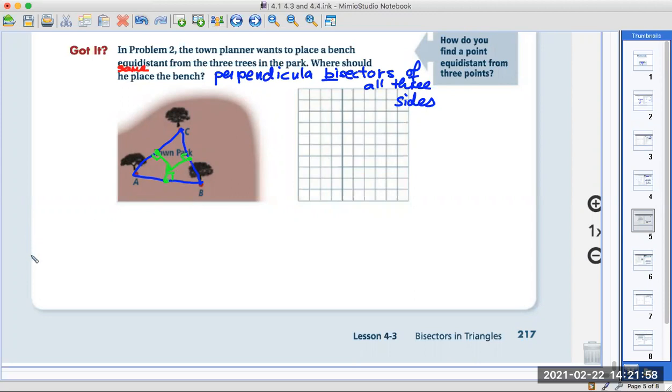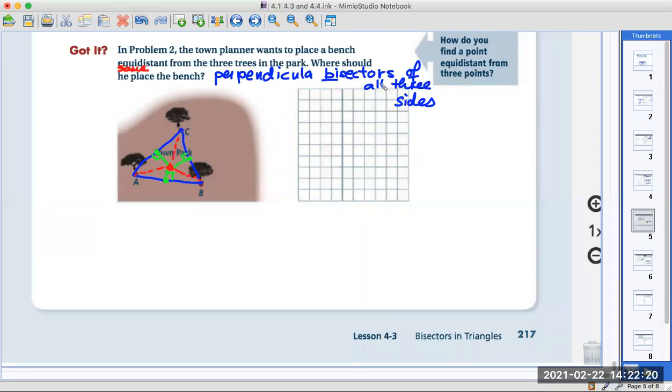Looks funny, huh? And this point is the one that's the same distance from all 3 corners. So this distance and this distance and this distance is the same. If you put your bench right here, you'll be the same distance from all 3 trees.